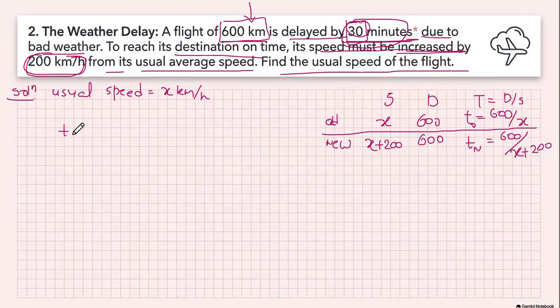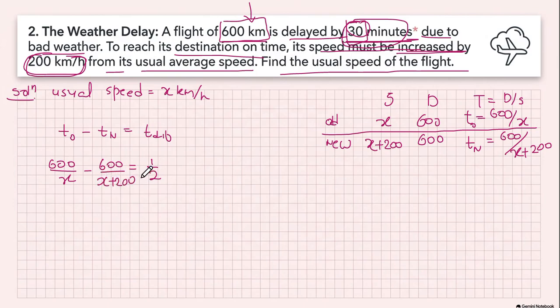So we'll subtract: time of the old speed minus time with the new speed is equal to the time difference. 30 minutes means 1 upon 2 hour. What is the time taken with the old speed? 600 upon x, minus time taken with the new speed, 600 upon x plus 200.